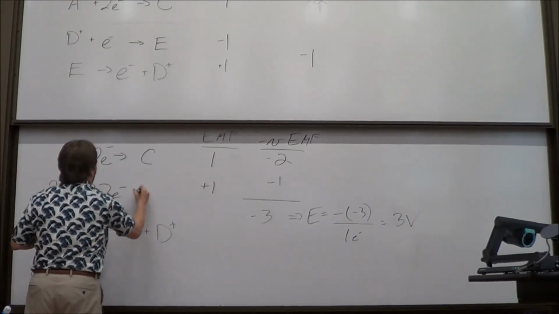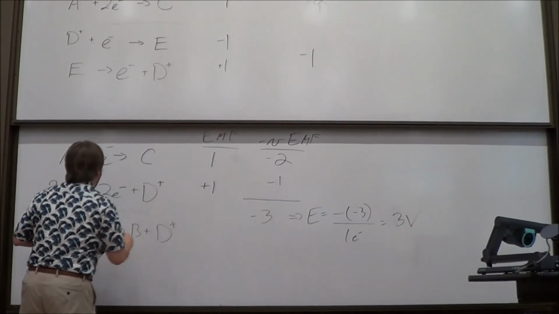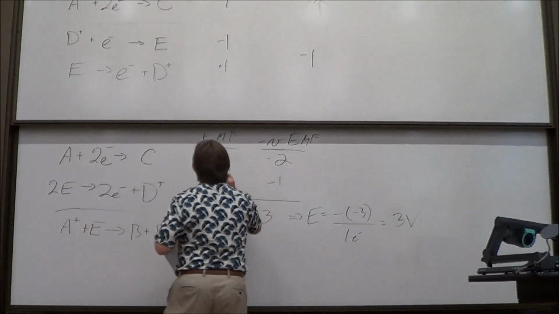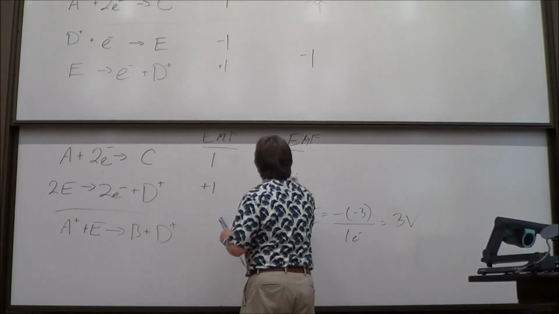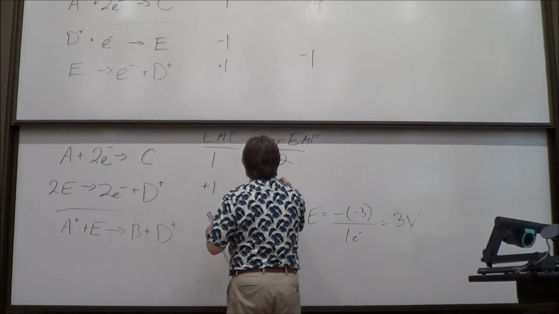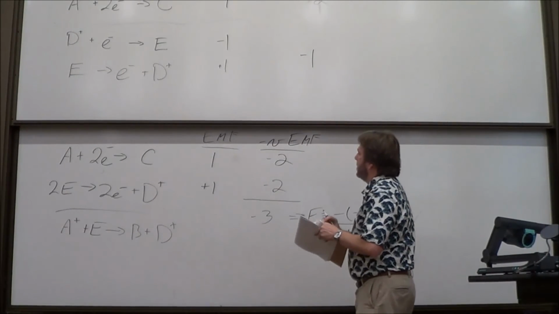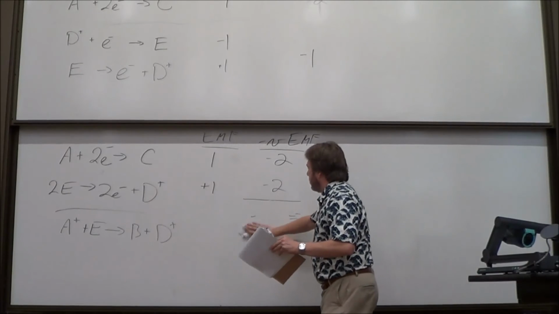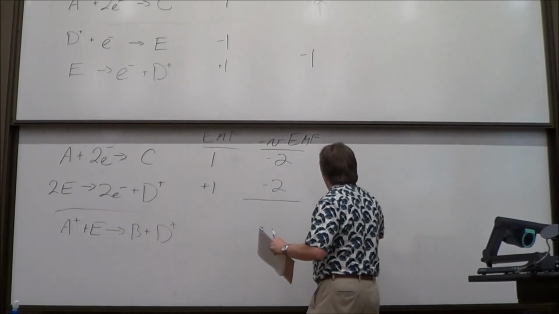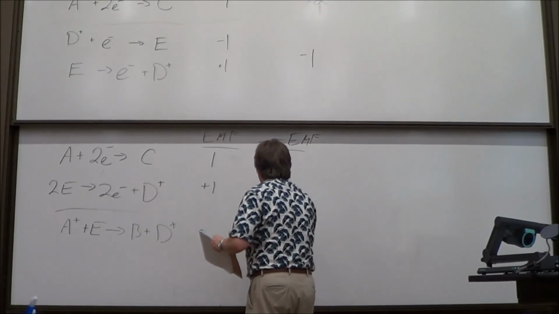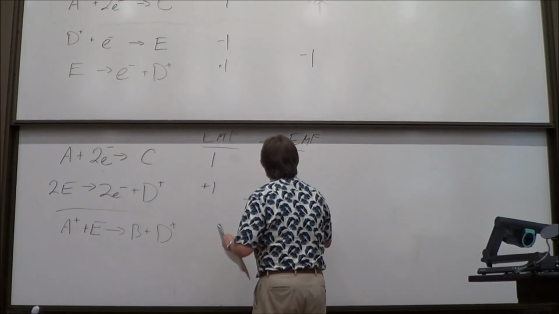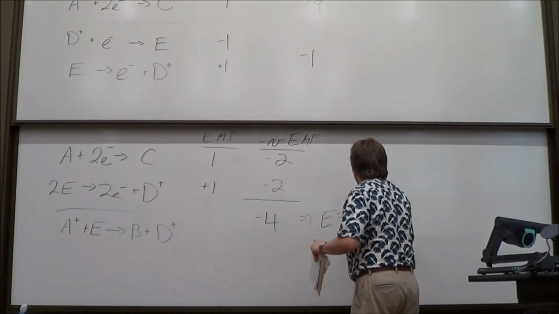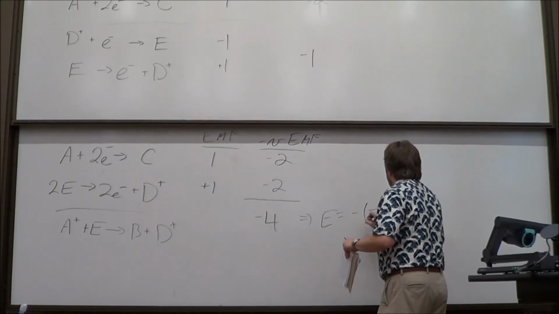Sorry, I shouldn't have used 2E's, right? Sorry about that. I screwed that up on the exam as well, didn't I? Okay, so that's an EMF of +1 and an EMF of -2, right? Okay, let's just write out the stoichiometry. Let's not worry about that because this is the loser. This ends up being -4. Yeah, you see? It's right. So the voltage is -4.